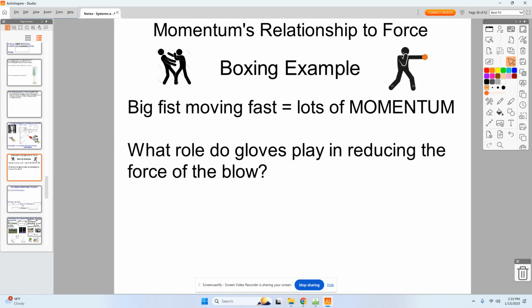It makes the rate of change in momentum of their fist smaller by making the time interval bigger. So the idea there is that gloves are time extenders.